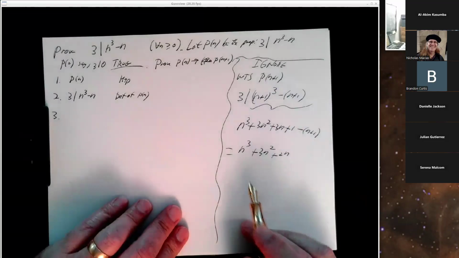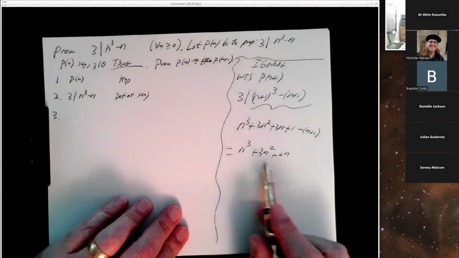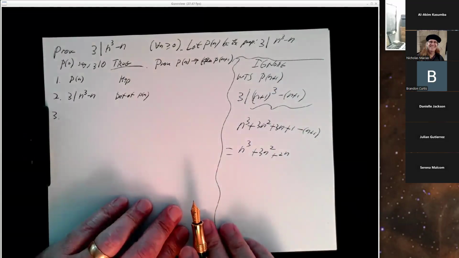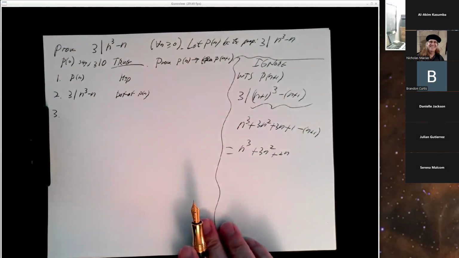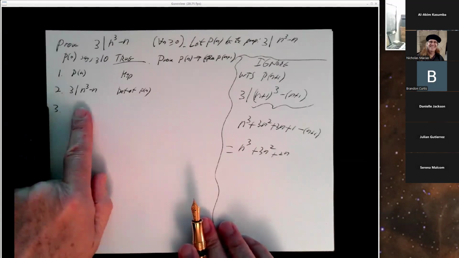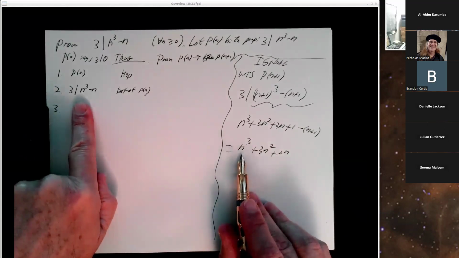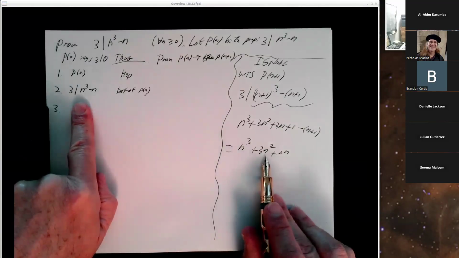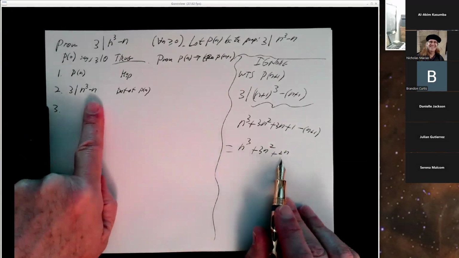So this thing is equal to n cubed plus 3n squared plus 2n. Well, we're getting closer. We've got an n cubed here and here. We've got an extra n squared here, and we've got a 2n, and we want a minus n.